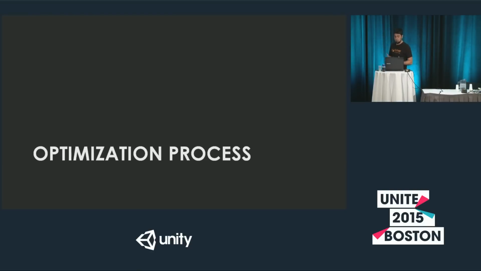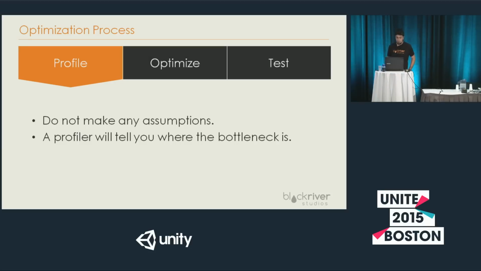So I'm going to do first a brief introduction about the optimization process, and then I'm going to start talking about a case study of a scene we did. Okay, so I'd like to break it down into three major steps. First, a golden rule is when you're optimizing something, do not make any assumptions.